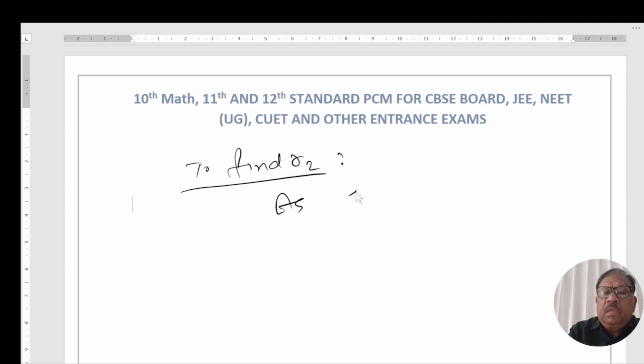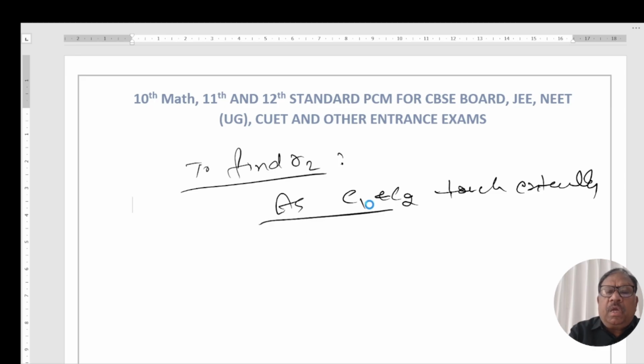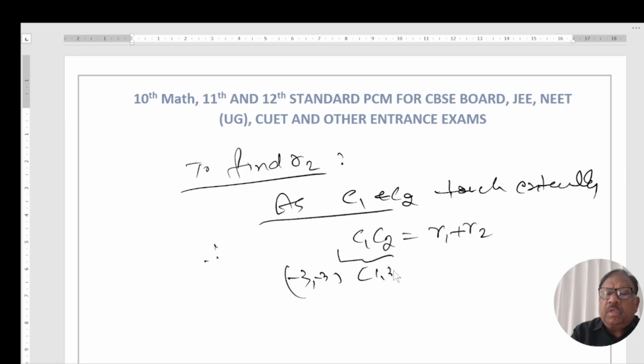As C1 and C2 touch externally, therefore C1C2 will be equal to R1 plus R2. What will the distance between the centers be? One point is C1 (-3, -3) and this is (1, 3).